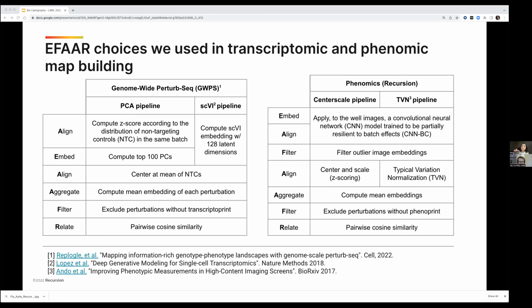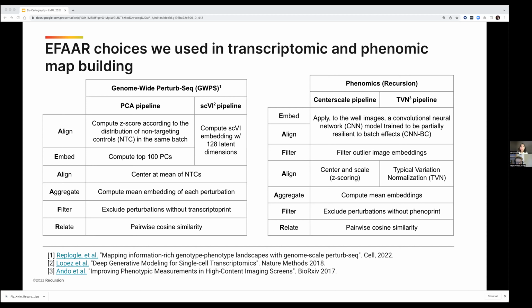For the phenomic data from Recursion, we compare two pipelines with different alignment strategies. The center-scale pipeline, a simpler alignment approach, centers embeddings per batch at 0 and scales to unit variance based on the controls in the batch.